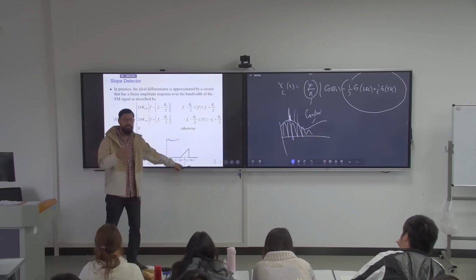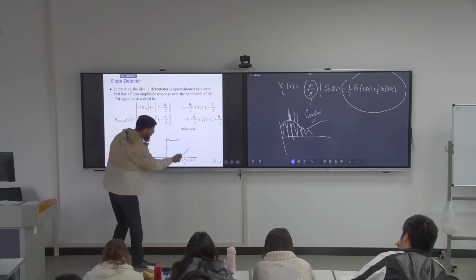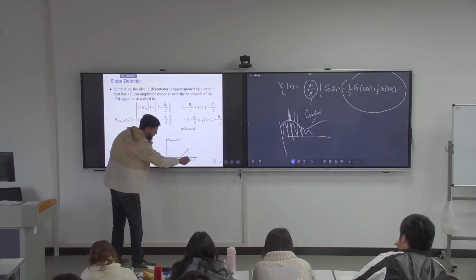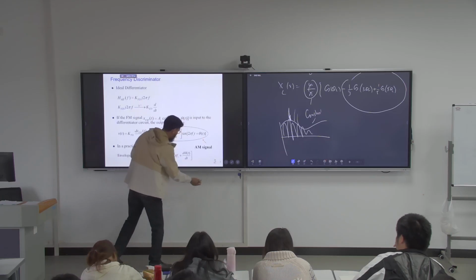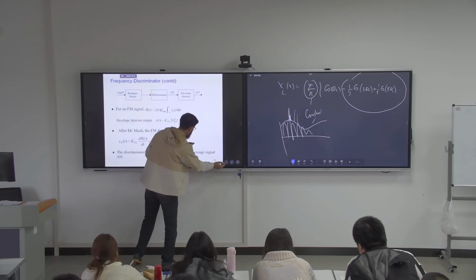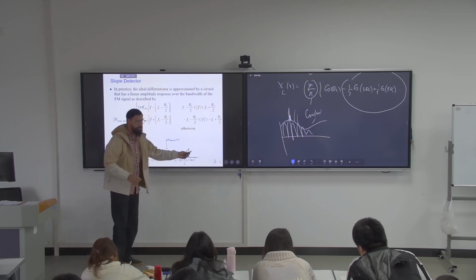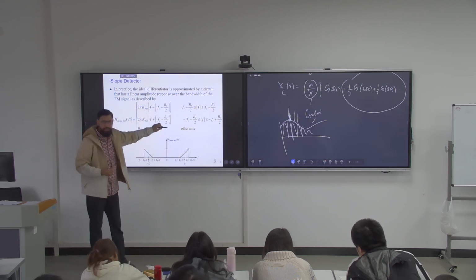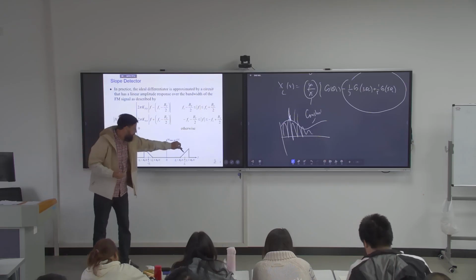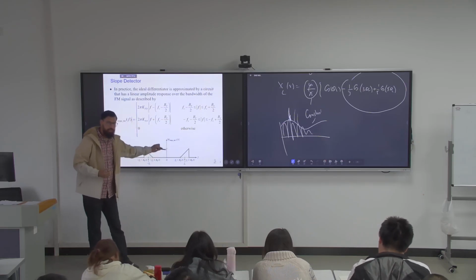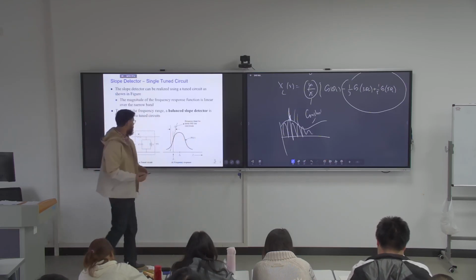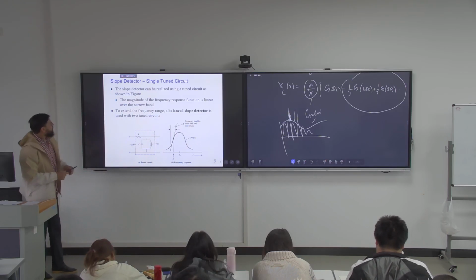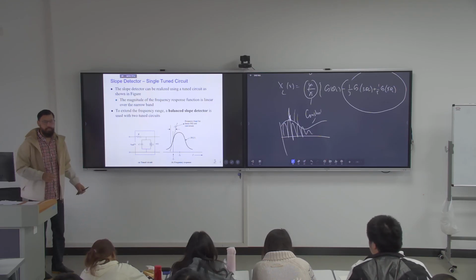If I'm moving in this direction, meaning I'm increasing frequency, the magnitude is increasing, right? If I'm moving in the other direction, the amplitude is decreasing, right? This is slope. So now I have this slope detector. It's a single tuned circuit.